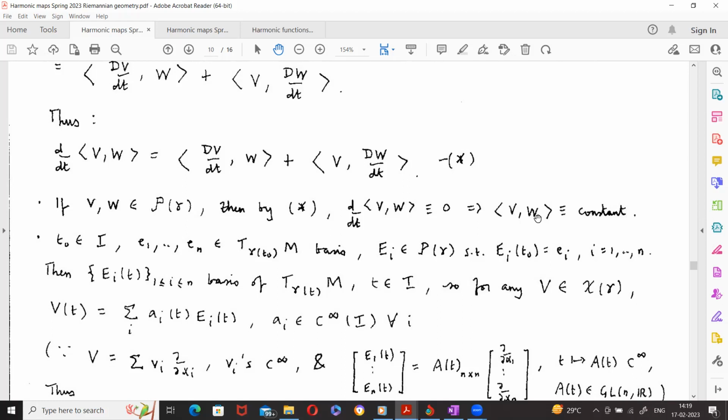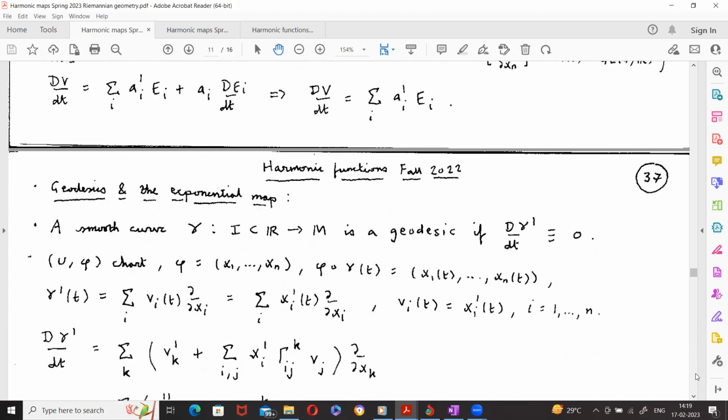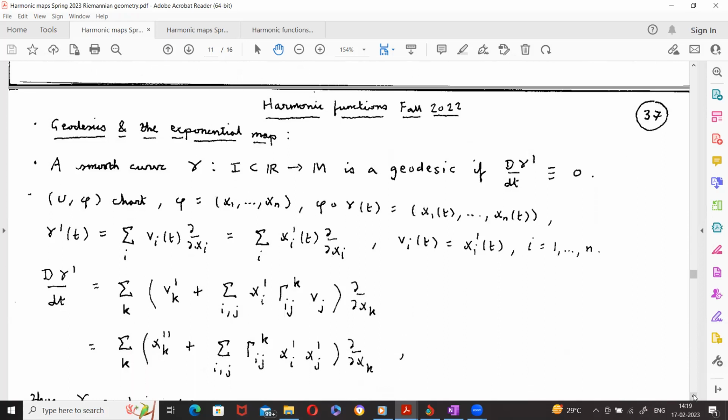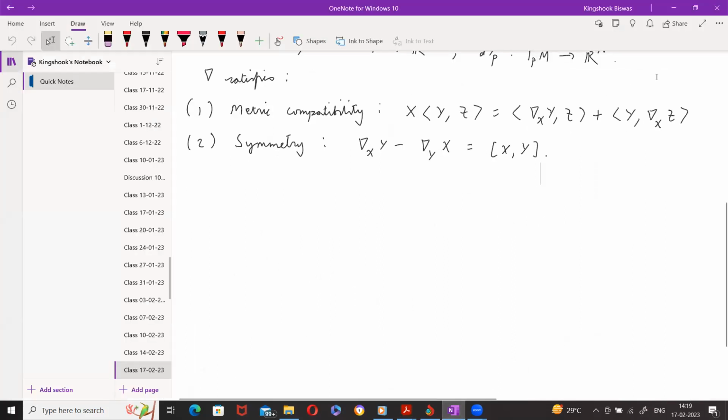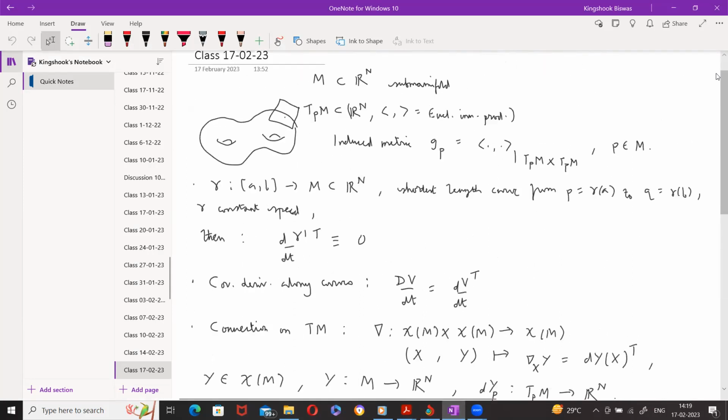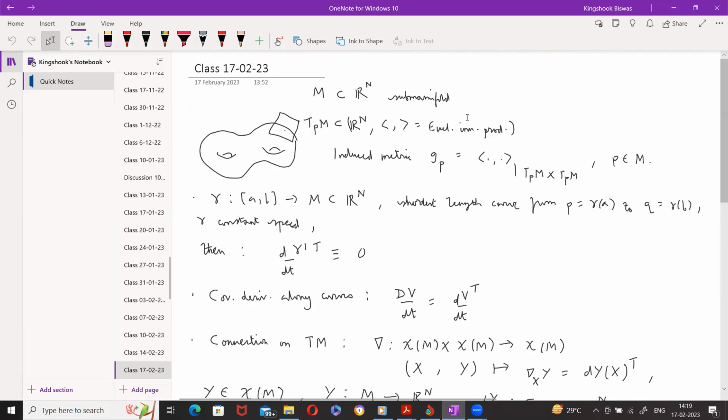All right. So now we can come to the definition of what are called geodesics. So let's just recall that what we want, our geodesics should be shortest length curves in our Riemannian manifold.